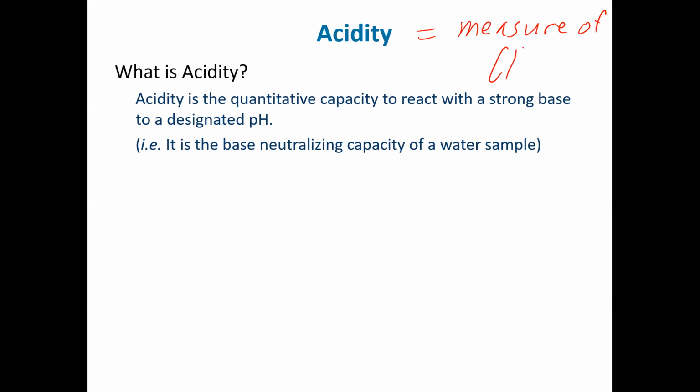When you have lots of hydrogen ions, something is acidic. A chemical way to define it is also the capacity to neutralize or react with a strong base. And that's what you can see here on this slide, right?